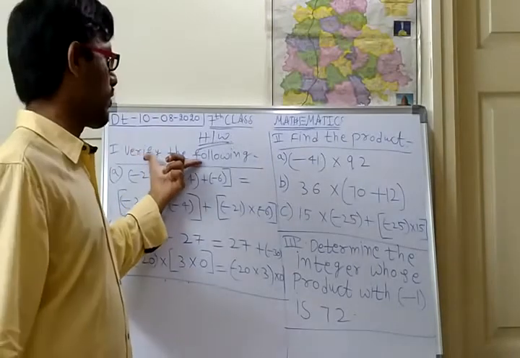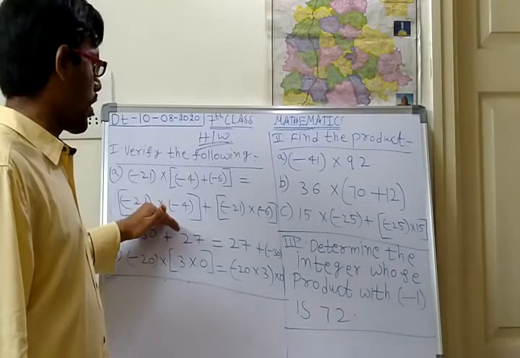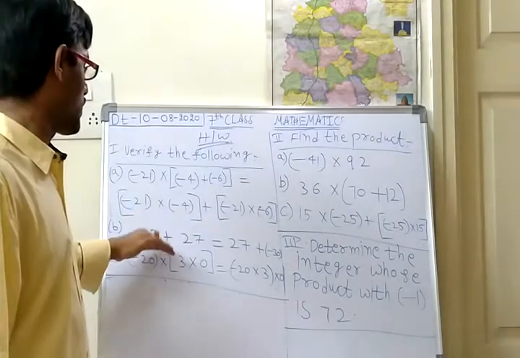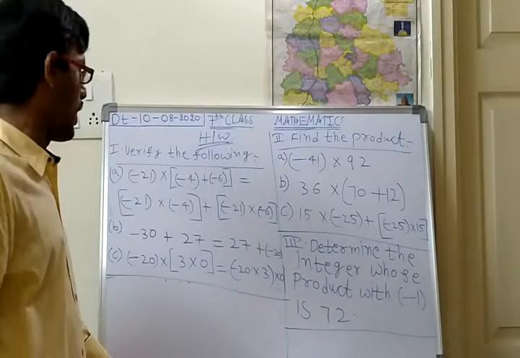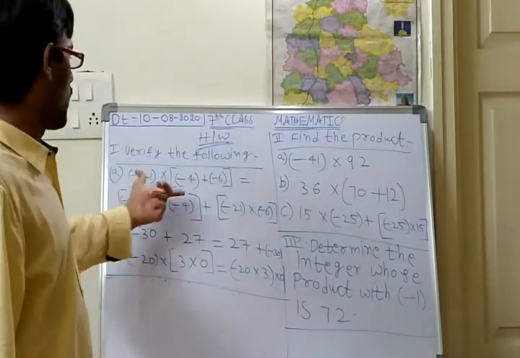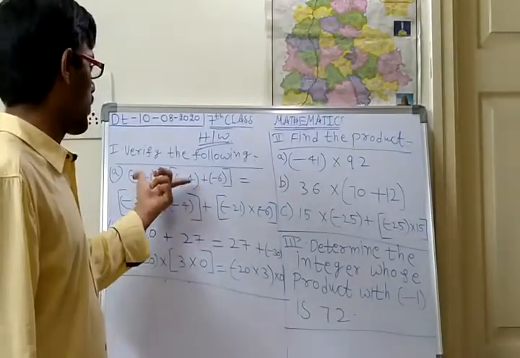First bit, verify the following. So you find out what is the property of this suitable question, and afterwards you verify the following statement, whether it is correct or not.